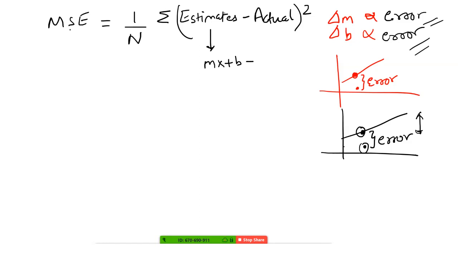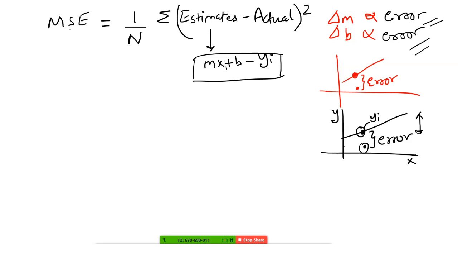If this is the y axis, this is the x axis, the actual value over here will be the ith index of y, right? So there will be y of i. So for that particular point, we'll have m x of i plus b minus y of i. Now this will be the equation for our estimates minus actual. Just keep this in mind. We'll use it going ahead. Just keep it at the back of your mind that estimates minus actual is m x i plus b minus y i. Okay, so let's park it over there.